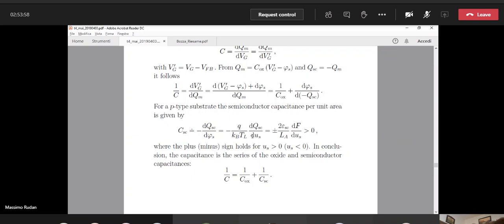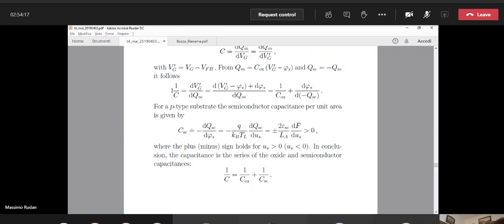So dUS is positive and the differential of QSC is negative, but you have a minus sign. And you can check all combinations and you see that CSC will always be positive, okay?